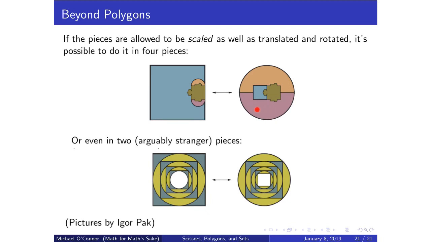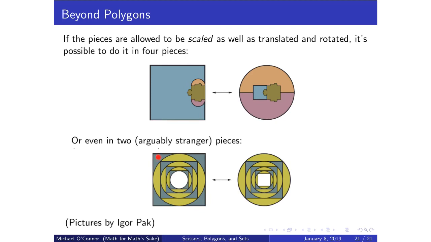So if you allow yourself to scale these pieces, you can take 4 pieces and decompose the circle into the square. These pieces have the nice property that, although it's hard to cut them, they are pieces with one boundary and everything is filled in from there. If you want to be a little more generous about what a piece means, you can do it with 2.